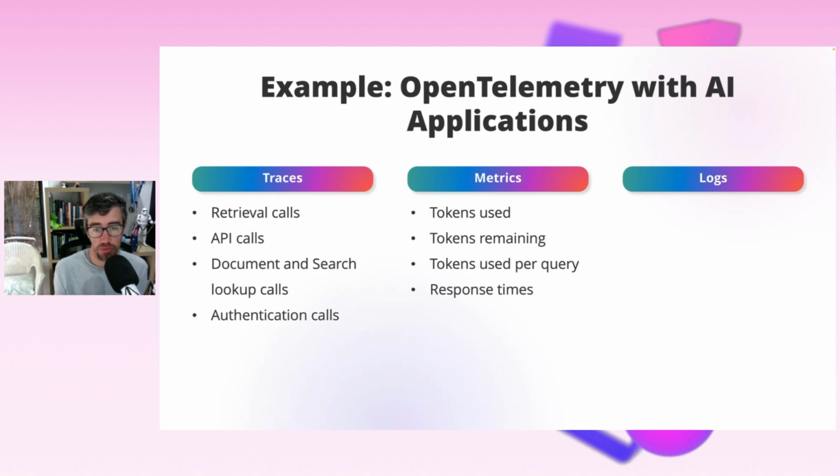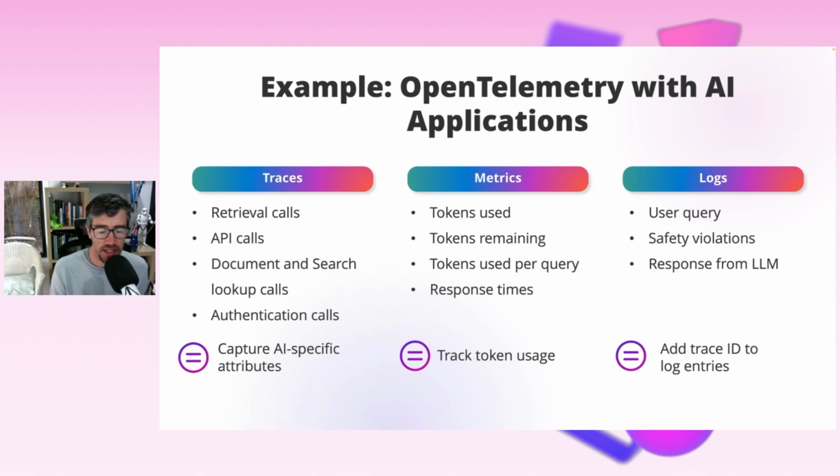You also have rate limits on the number of tokens per minute, and the amount that you've got allocated in the system. So you want to capture those as metrics. And then with logs, in particular the user query, but also looking at safety violations, the response from the LLM, and anything else you might need for auditing as well. So those are the key things that I think are important to capture.